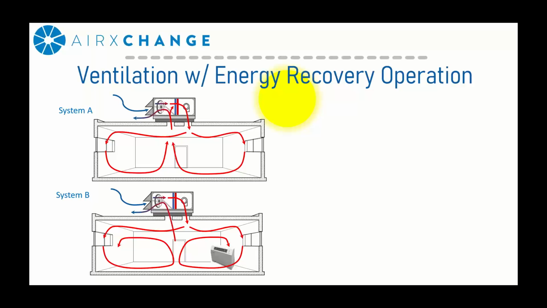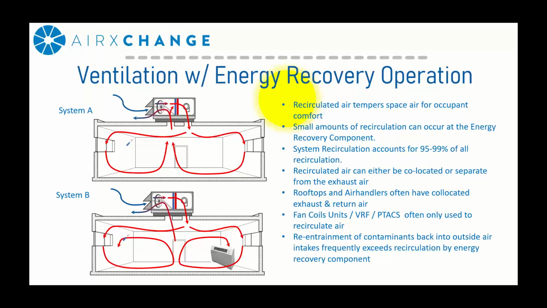So what a typical HVAC system does is recirculate a portion of that air so that you can temper it and maintain occupant comfort. So there is a small amount of recirculation that occurs at the energy recovery component. However, the system recirculation is really going to account for 95 to 99% of the total amount of recirculated air within the space.